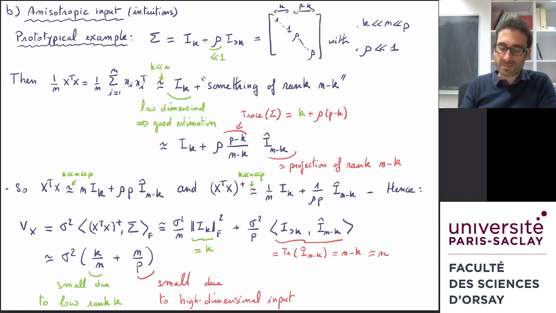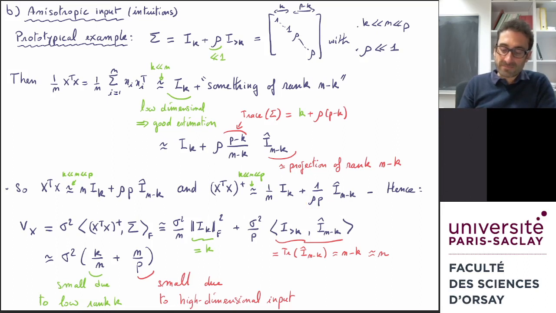So these two are orthogonal. So when I take the Moore-Penrose pseudo-inverse, I take the pseudo-inverse of this term and this term. So we will have 1 over n identity plus 1 over rho p, this random projection.